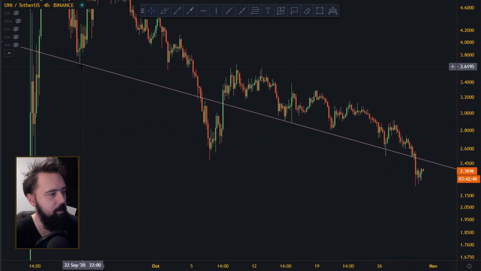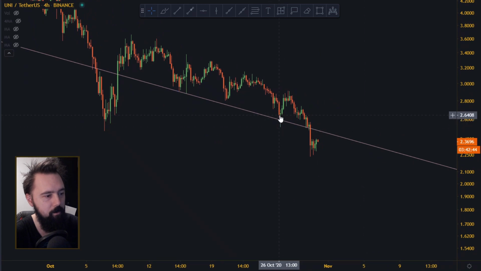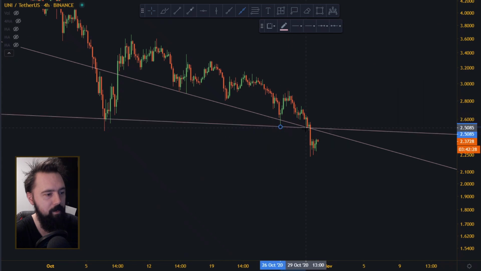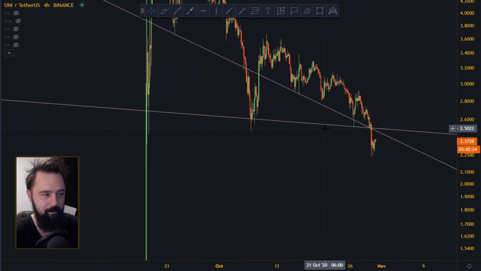As you can see here, it really hits these wicks nicely over here. It goes all the way down, but here it broke it, but it just got bought right back up, right? And here it just dropped all the way down. So why did it break all the way down here, not here? Because this line over here is some kind of really important support, and once it broke it, that's it, that's game over.